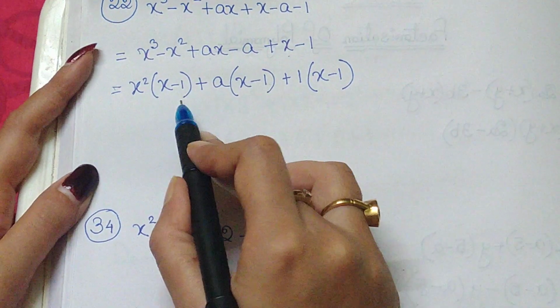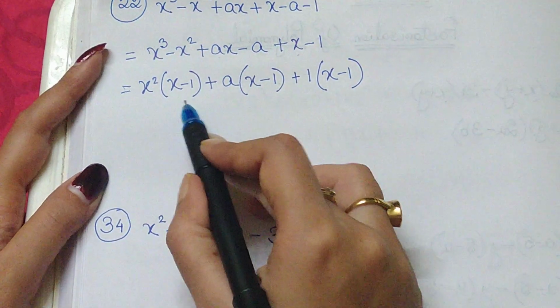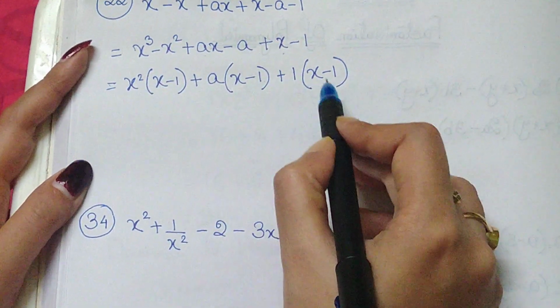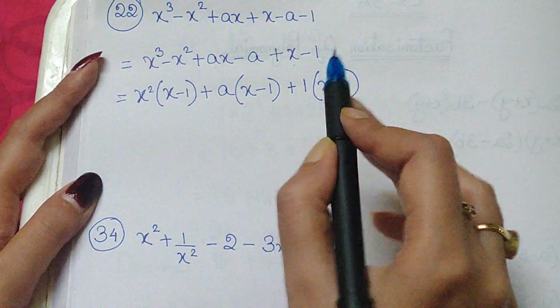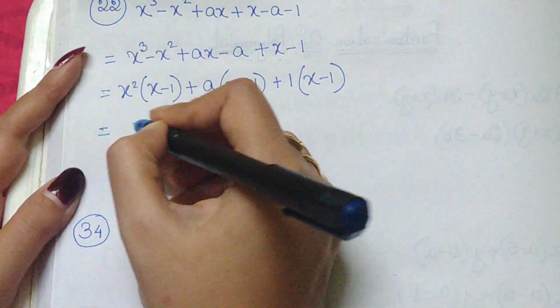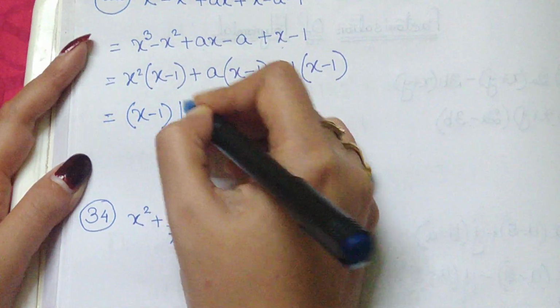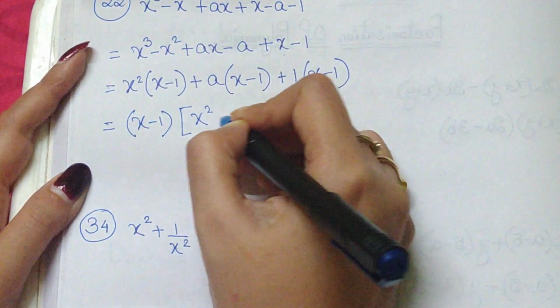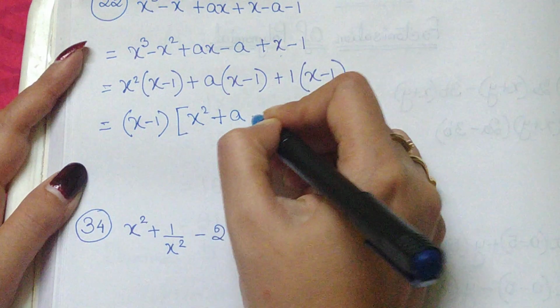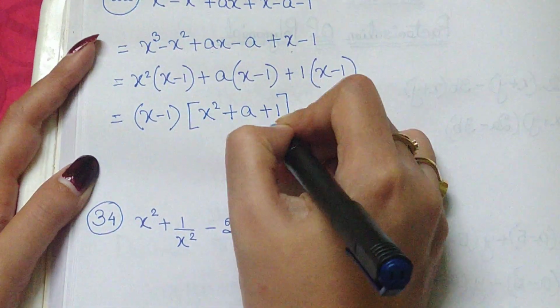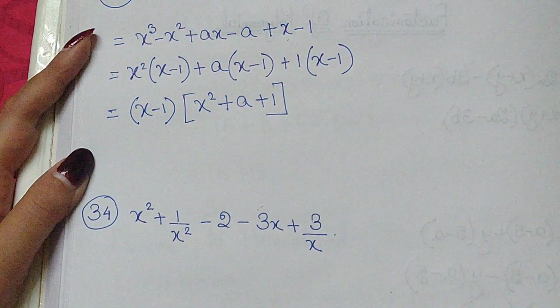So you can see in these three cases I am getting x minus 1, x minus 1, x minus 1. So I will be taking x minus 1 as common factor. So I will be having x square plus a from here plus 1. So this is my answer.